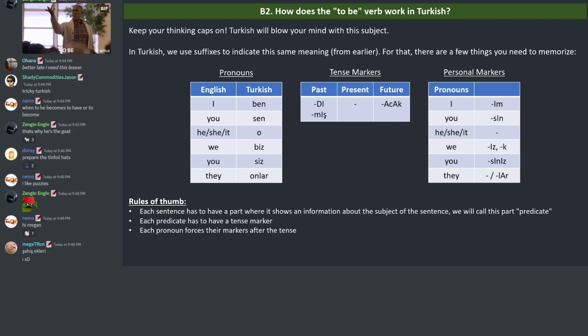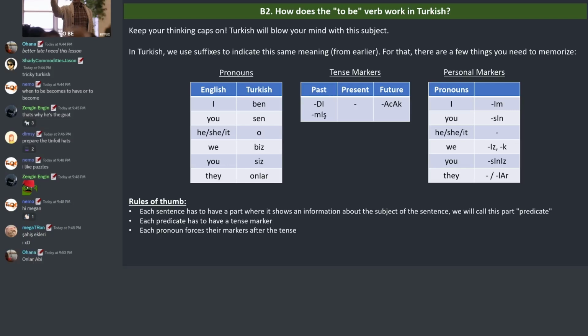There are a set of rules to choose either singular or plural in certain cases, but you shouldn't really worry about that for now. You can either choose the lar or just the nothing ending. Okay? And yes, onlar is the abi, the big brother, and o is the younger brother. And they share their endings, like you share your clothes with your siblings.